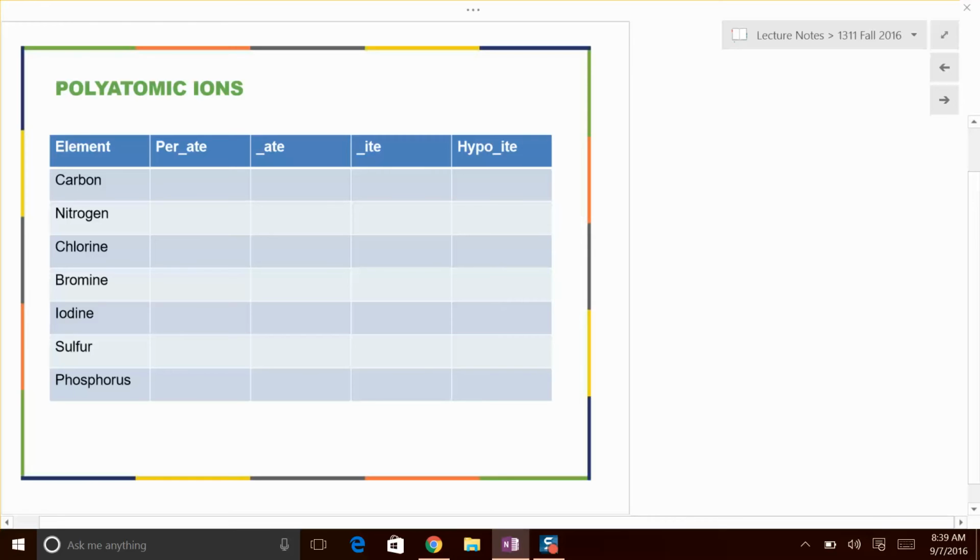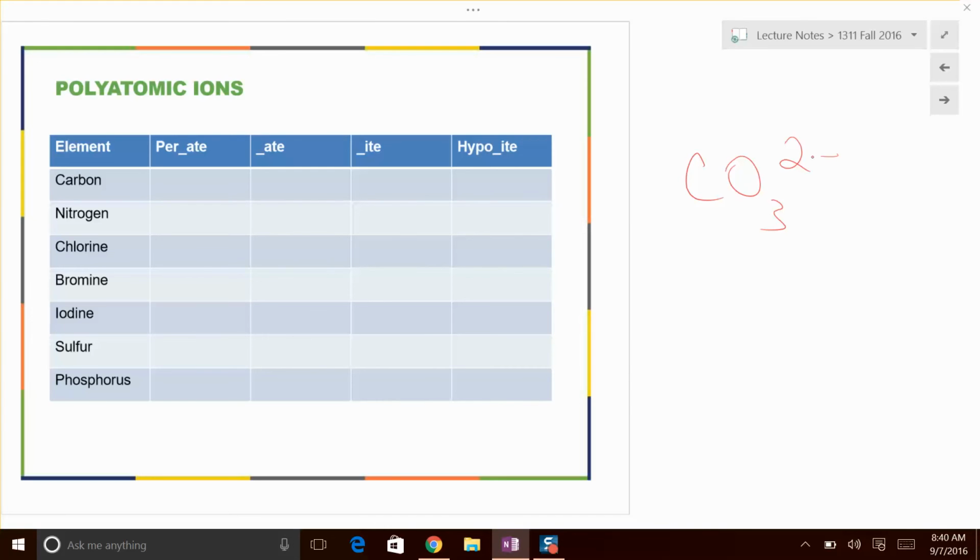Now, there are ions that incorporate more than just one element. If something has more than one element, but it is charged with an actual negative or positive charge, we call it a polyatomic ion. Something like this, CO3 2-. This is CO3 2-. That's an ion.